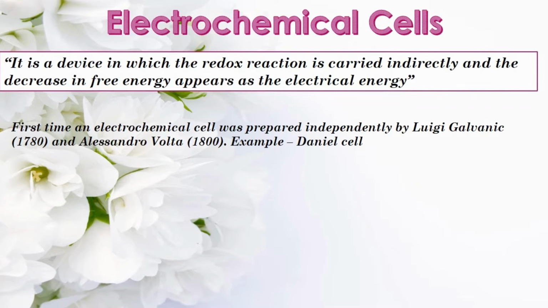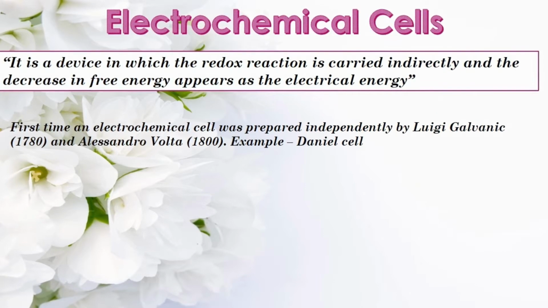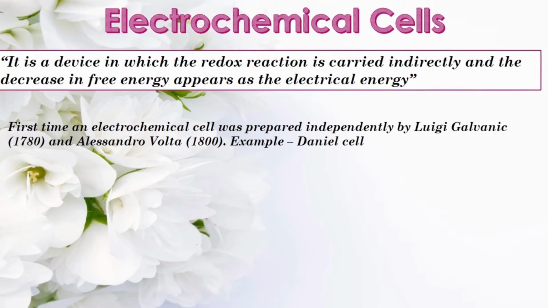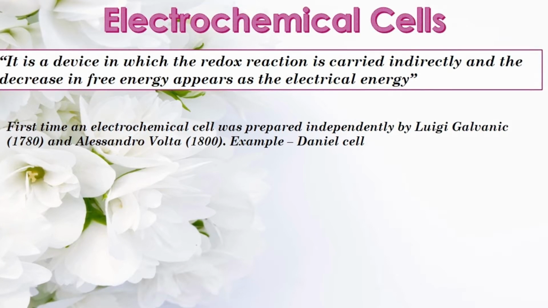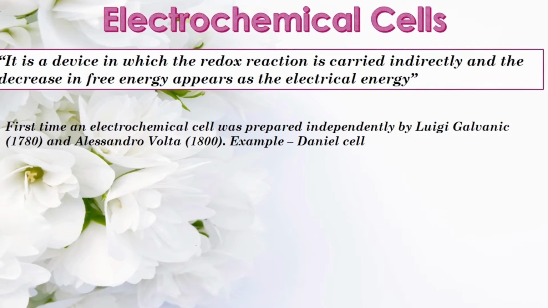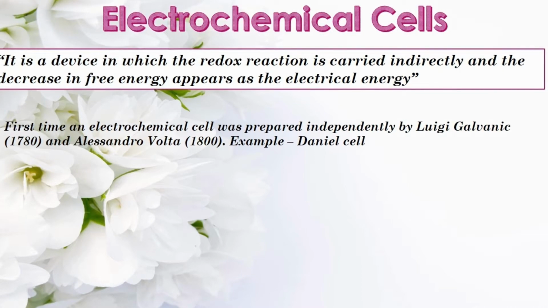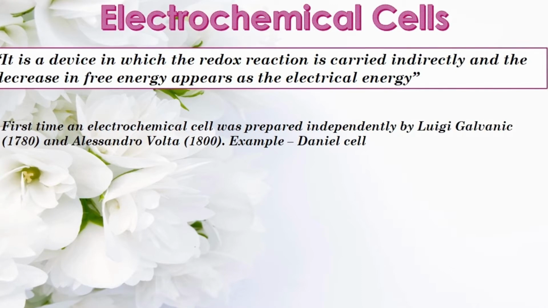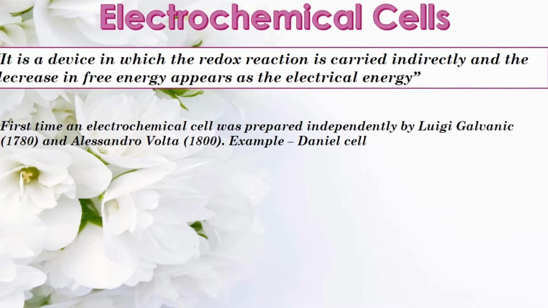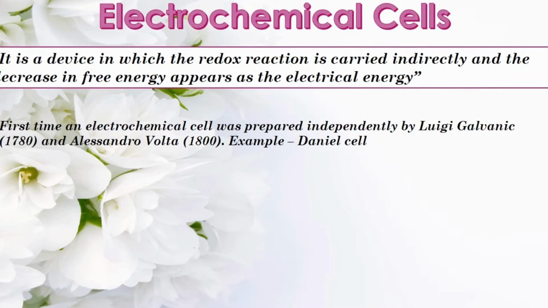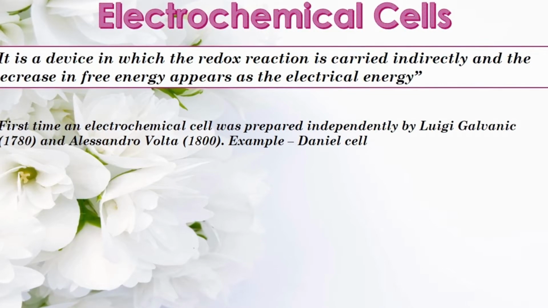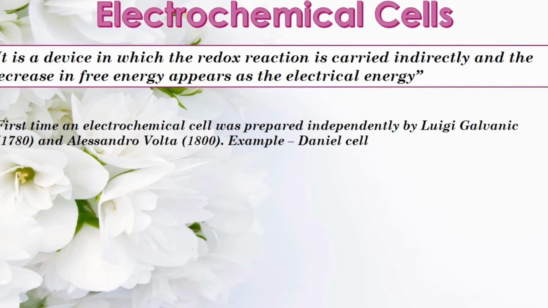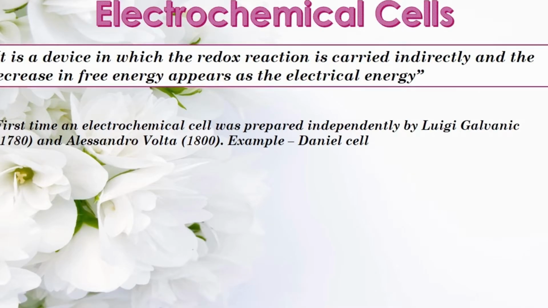In these devices, the Gibbs energy of the spontaneous redox reaction is converted into electrical work, which may be used for running a motor or other electrical gadgets like a fan, etc. These cells are very important because of their many practical applications. The first ones to prepare the electrochemical cell were Galvani and Volta.